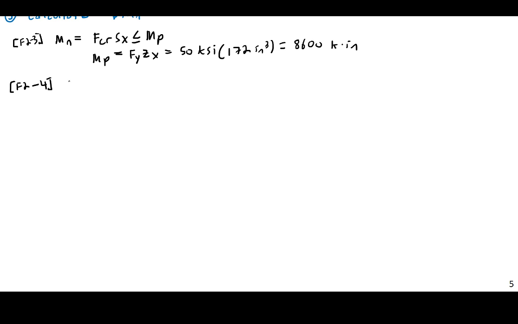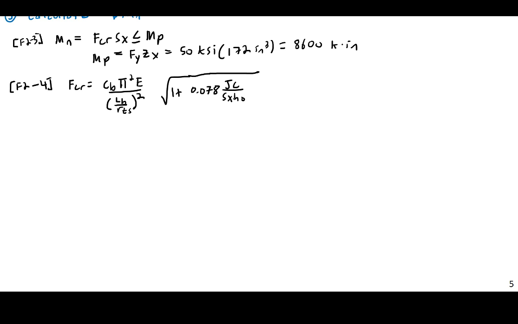F2-4, well, Fcr is equal to Cb, so here's where the Cb comes in that we calculated earlier, times pi squared E over quantity Lb over rts, squared, times the square root of 1 plus 0.078 times Jc over Sx ho.